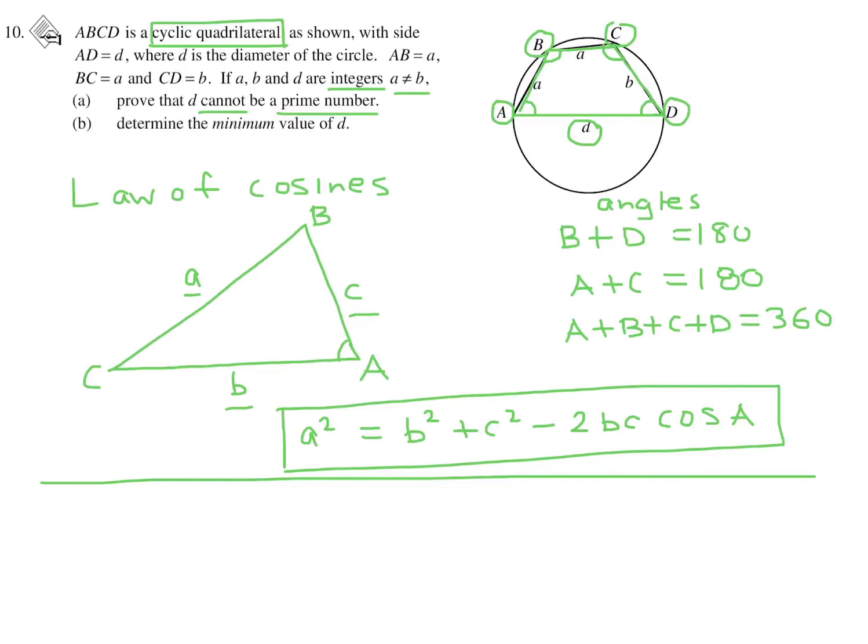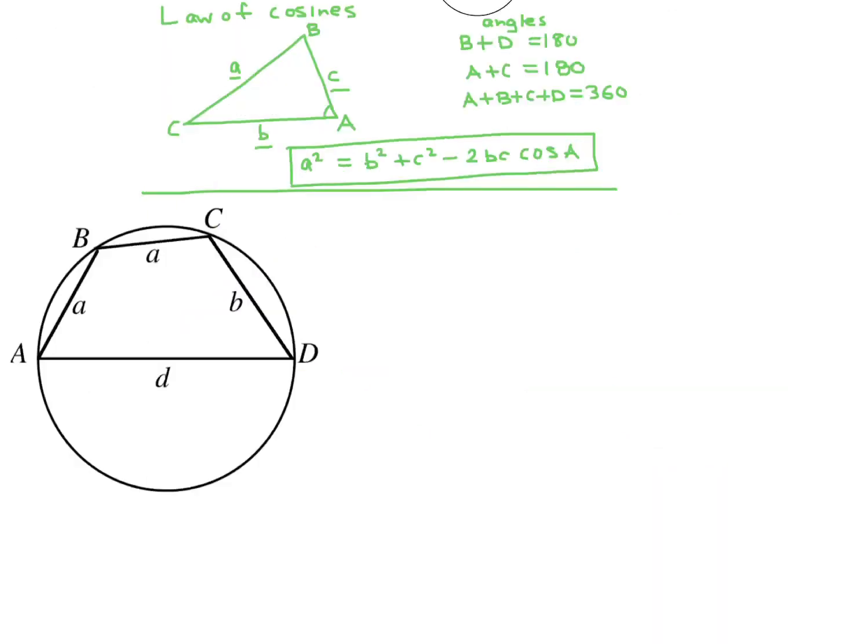So now we can use a triangle inside this diagram and the law of cosines. So which triangle are we going to use? Well, I'm going to draw a perpendicular from A to C. And the triangle we're going to therefore use is triangle ABC. We're going to use the law of cosines on triangle ABC. So what do we have here?